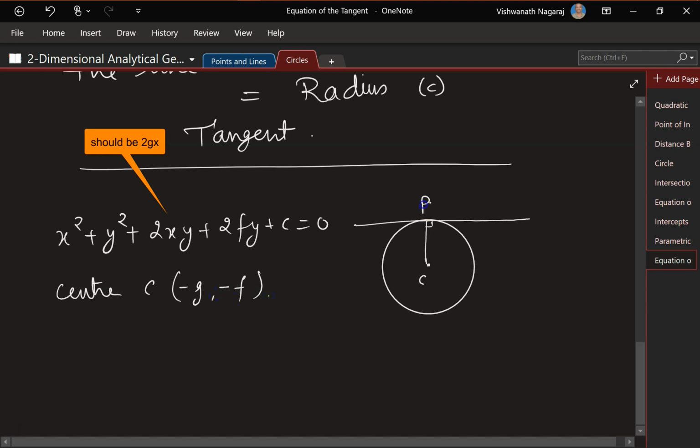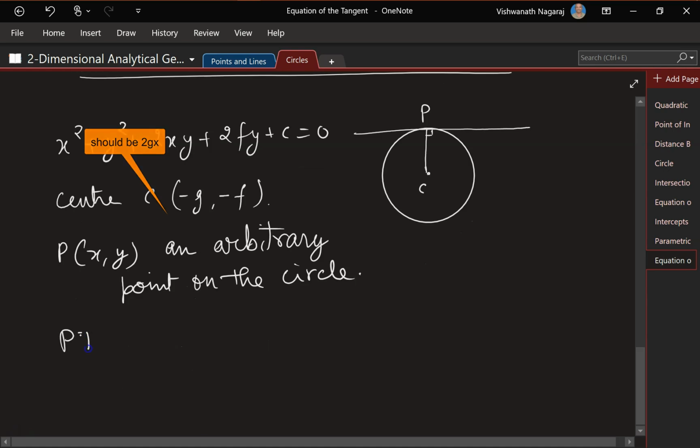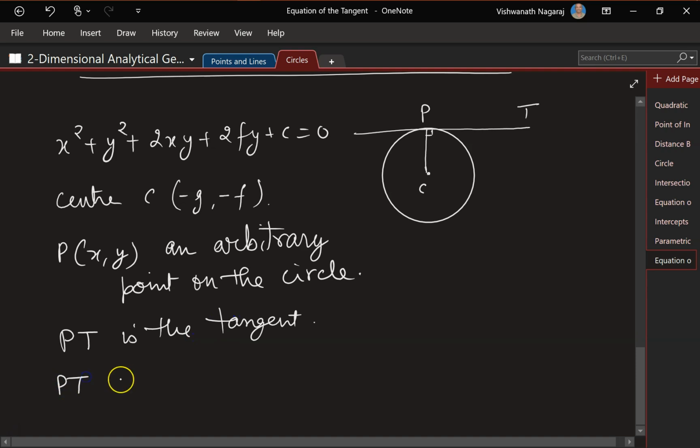So center C is at minus g comma minus f. Now let us say we have an arbitrary point on the circle. So P x1 comma y1, an arbitrary point on the circle. Now PT, so let's say this is T, PT is the tangent, and we know PT is perpendicular to CP.